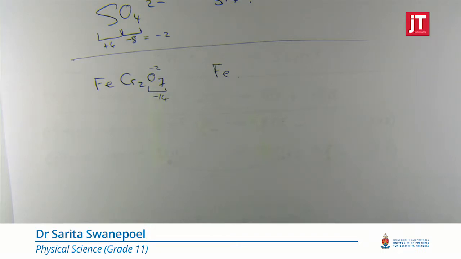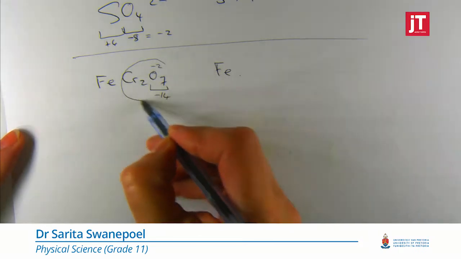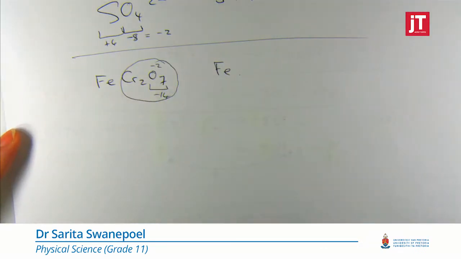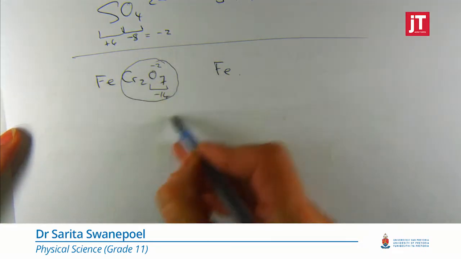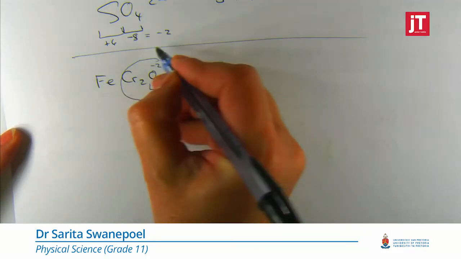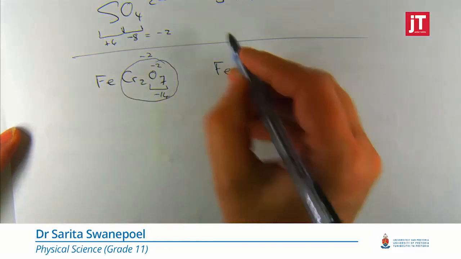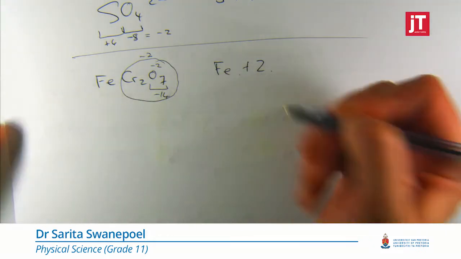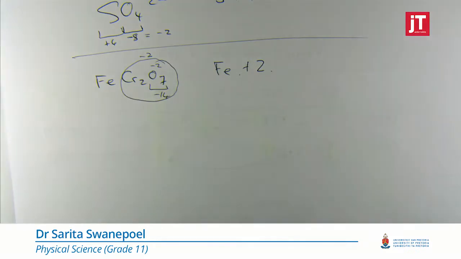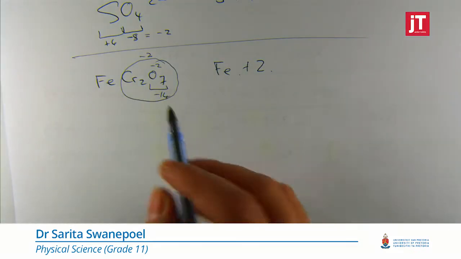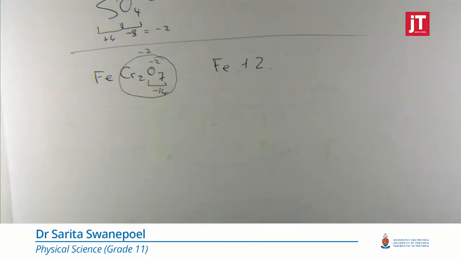Go back to your ionic table and tell me, what is the charge of a whole dichromate? It's minus 2. So what should the charge of the iron be? Plus 2. So sometimes that is the way to go, to use your knowledge of the ions. So you have to know that table by heart.